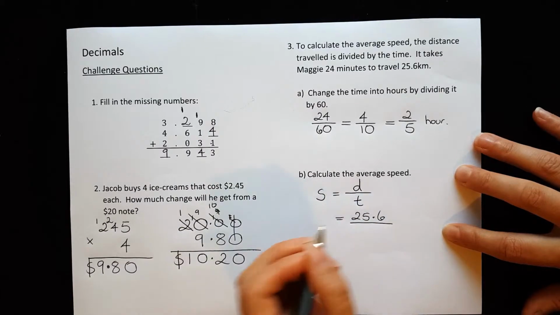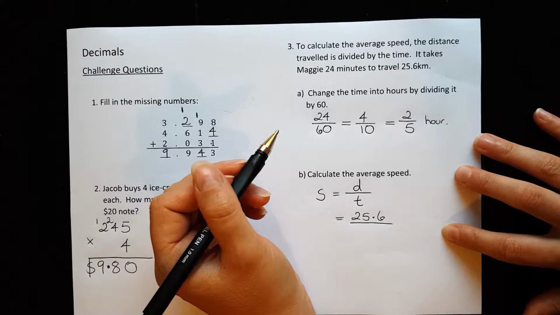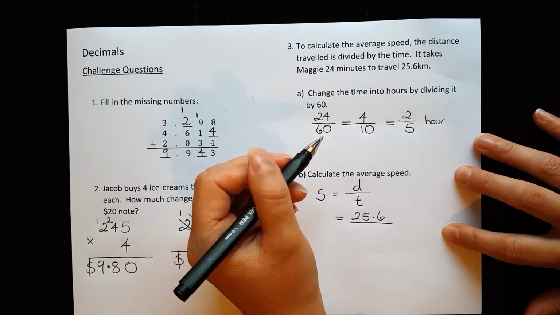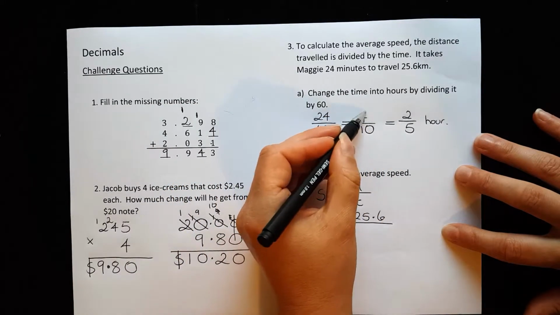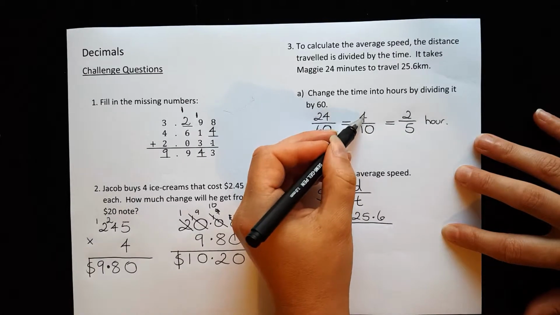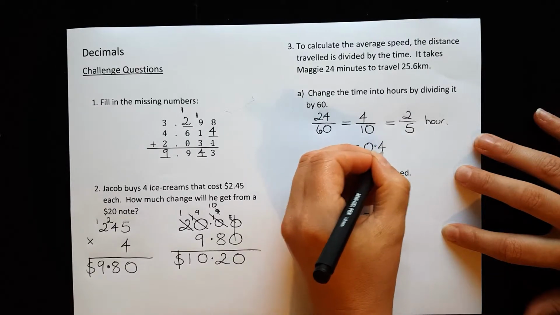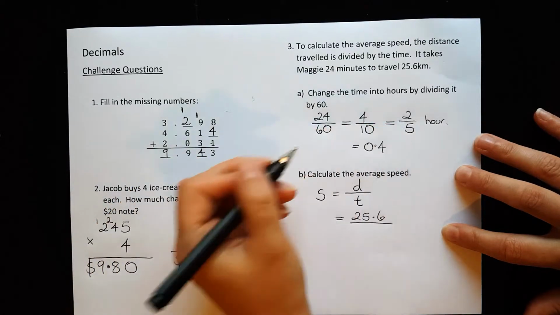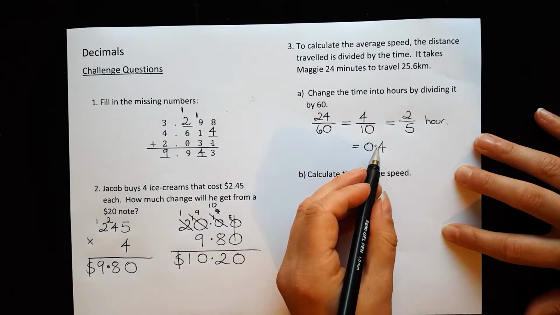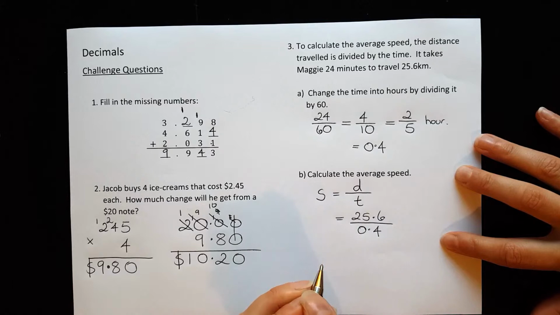We want to divide that by the time. Now, I've written our time here as a fraction, but we could write that as a decimal. This way, that one here, over 10, that's an easy way to convert into a decimal. 4 over 10 would be the same as 0.4 of an hour. Same for this. Okay, so let's put the decimal version down here, 0.4.